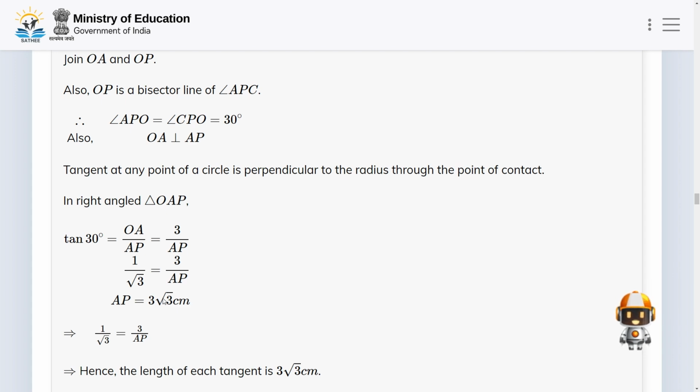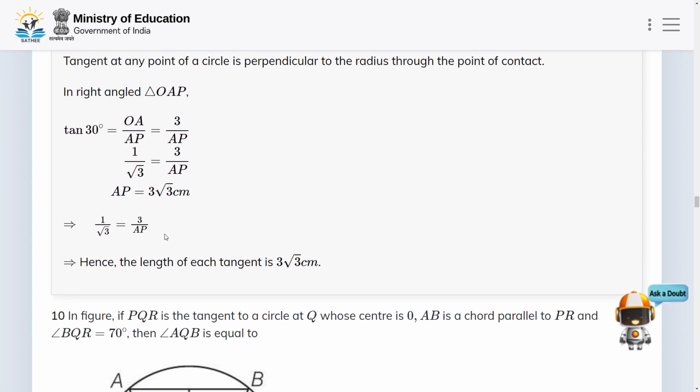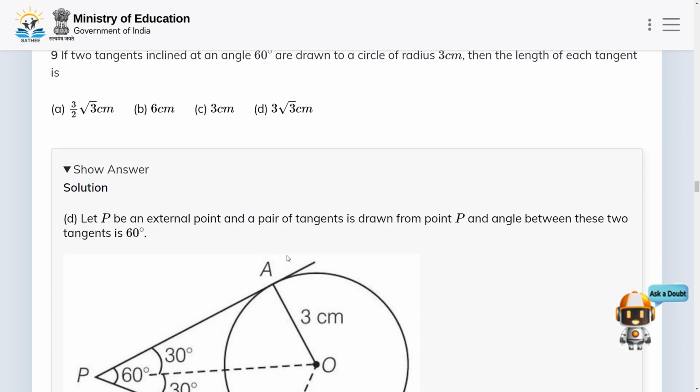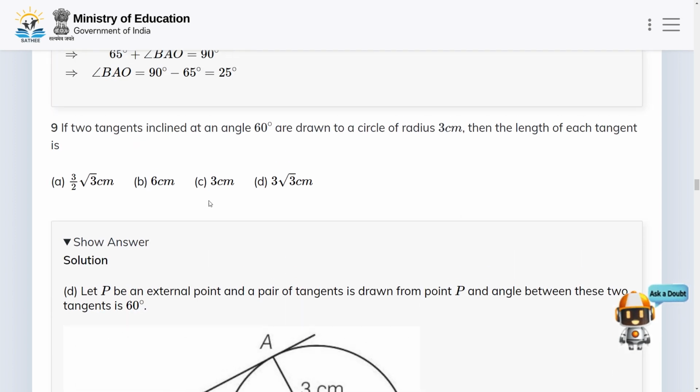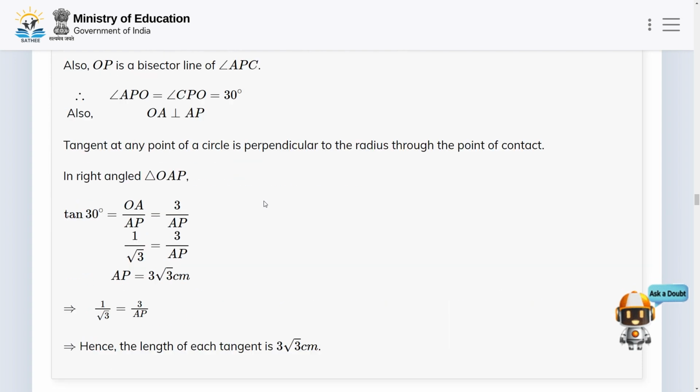Hence the length of each tangent is 3 times root 3 centimeter, and the correct answer is option D. And now let us move to next problem.